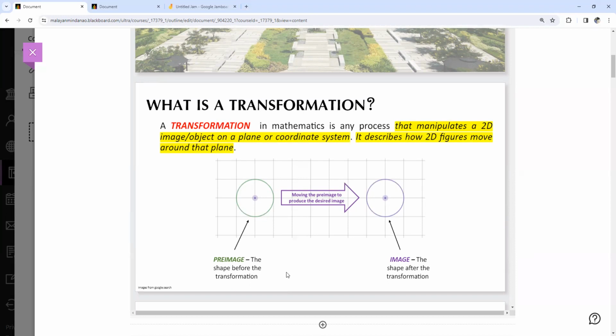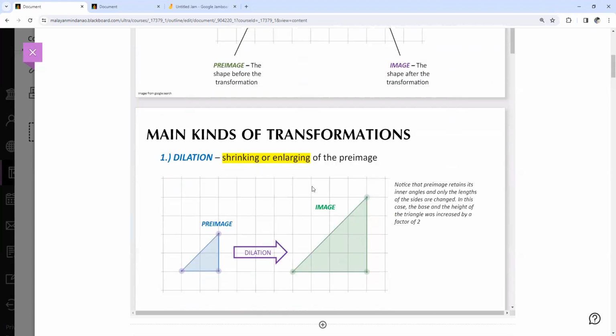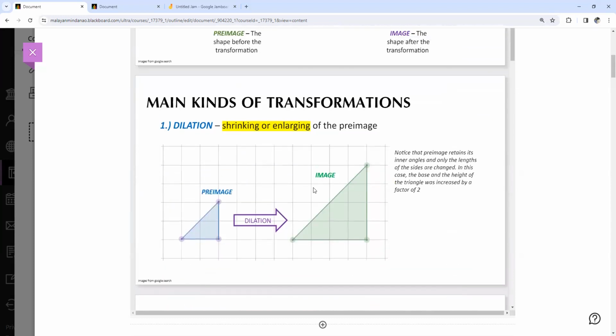transformation. Simply moving the 2D shape is a kind of transformation, but the first one we talk about is dilation, which is the shrinking or the enlarging of the pre-image. So when you shrink or enlarge, make sure that the inner angles are retained and the lengths are the only ones that are changed.